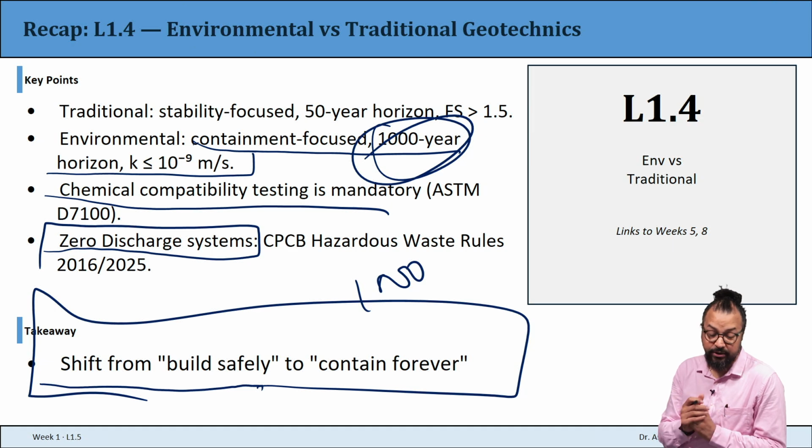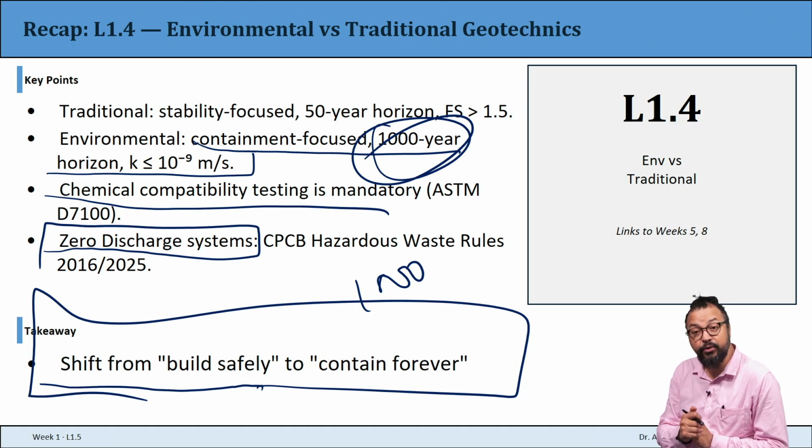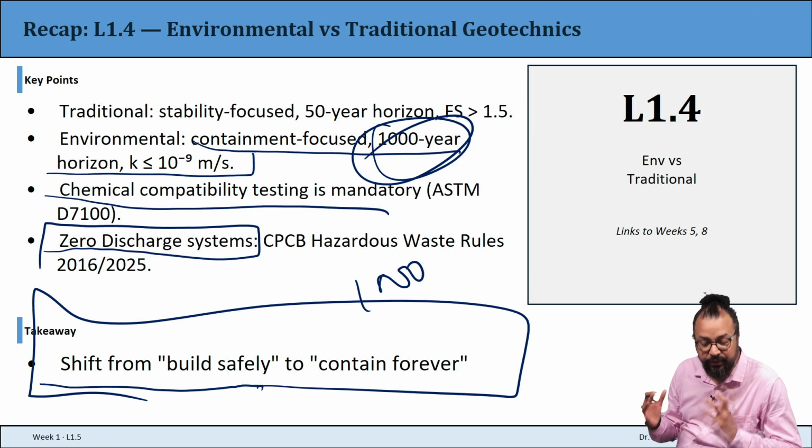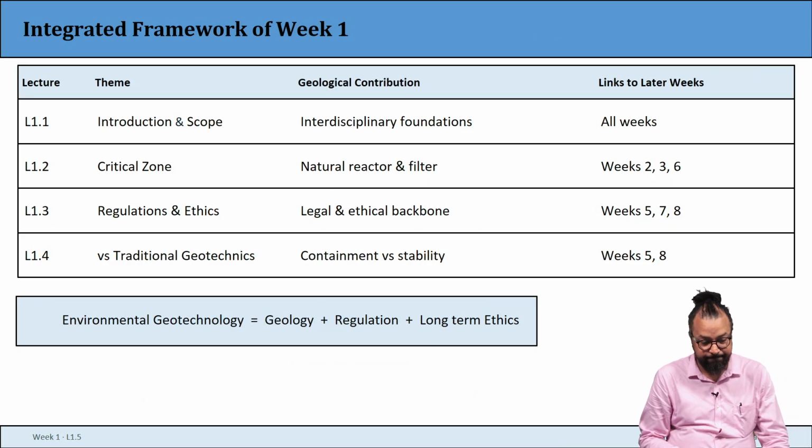That is one of the hypotheses. So, these processes are really slow. They can take centuries, but their consequences can never be negated, and that is the whole crux of environmental geotechnology.